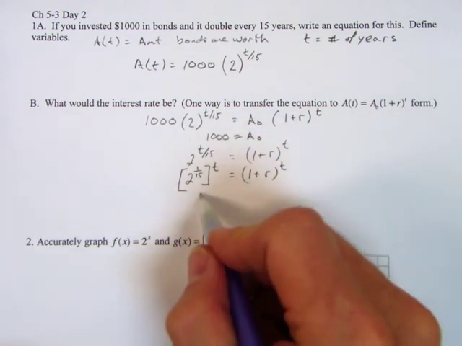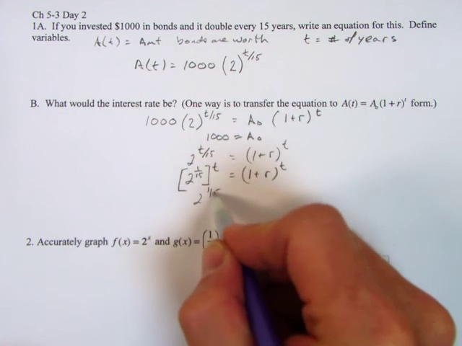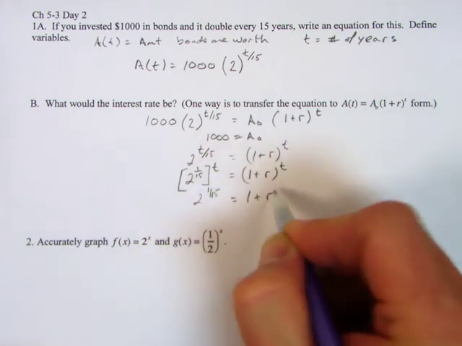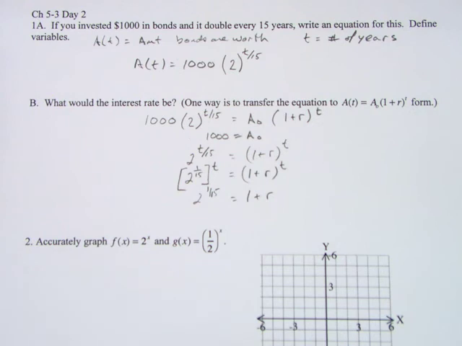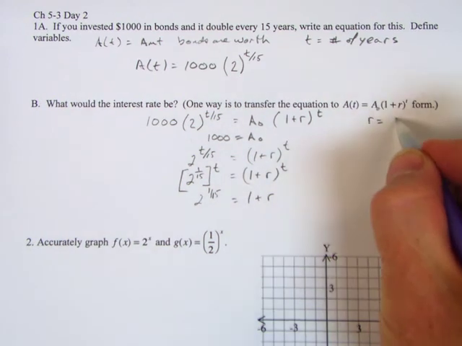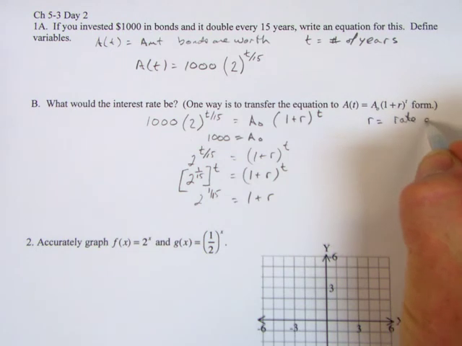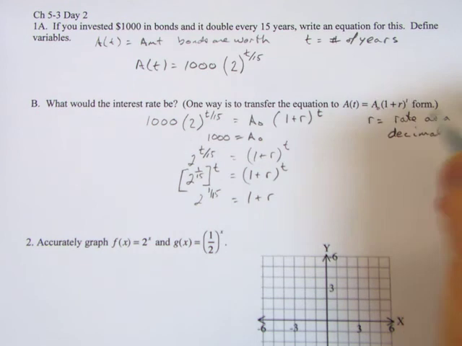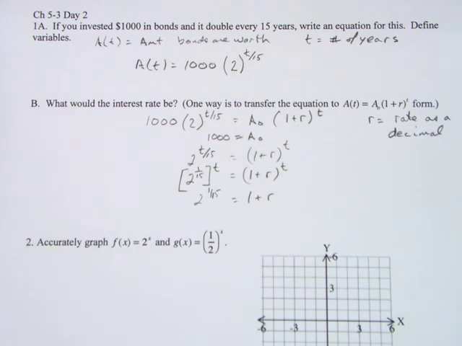So in other words, 2 to the 1 over 15 equals 1 plus r. Now note, this r is the rate as a decimal. I've already shown before that I dealt with it as r over 100, which is how you convert your rate or percentage into a decimal.